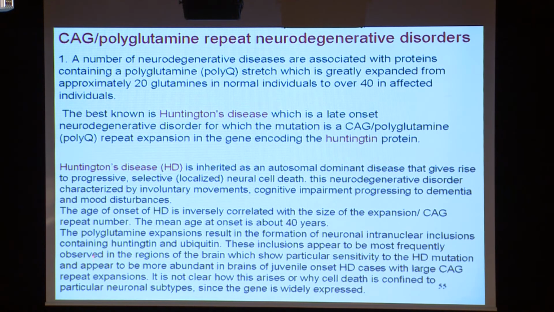And they are most frequently observed in regions of the brain which show particular sensitivity to the Huntington's disease mutation, and most abundant in brains of juvenile onset Huntington's cases, where you have a large CAG codon repeat. And it's not clear just how this arises or why cell death is confined to particular neuronal subtypes, which it is, because the gene is widely expressed, but it's particularly localized in these particular types of neurons.